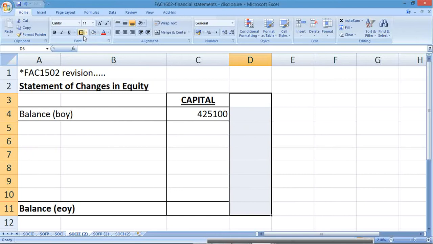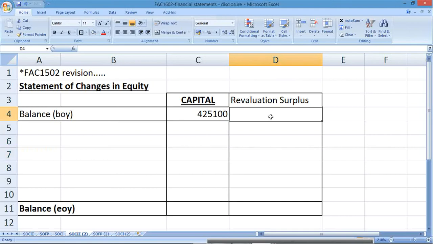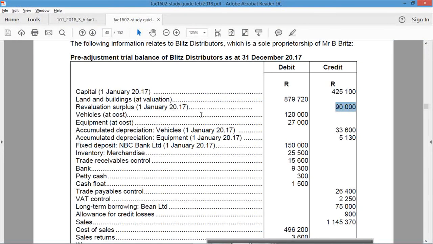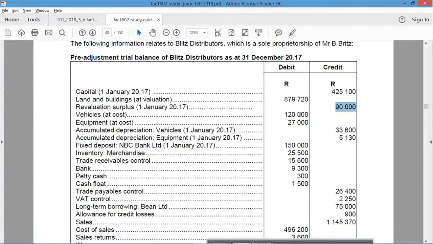It's unusual to see more columns in a sole proprietor question, but only because the land and buildings was revalued would this be applicable. So revaluation surplus. We read it as being 90,000 at the balance at the beginning of the year. Was it 90?